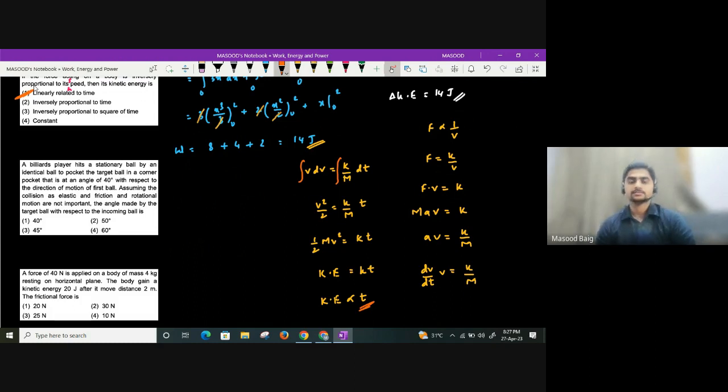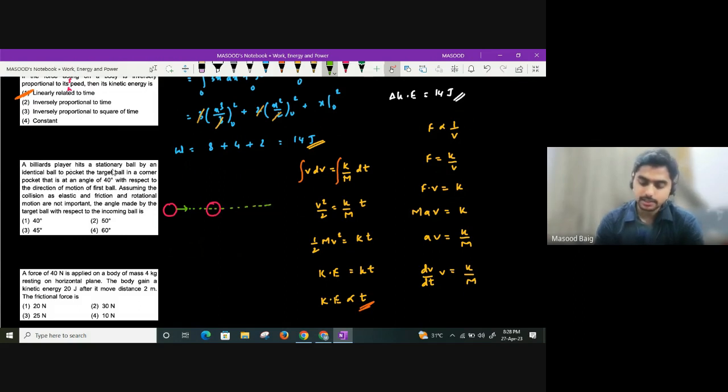Is that clear? Now, a billiards player hits a stationary ball with an identical ball to pocket the target ball in a corner pocket that is at an angle of 40 degrees with respect to the direction of motion of the first ball. So let us say we have the first ball like this. The second ball is at rest, guys. So how is the first ball moving? Imagine that the first ball is moving in this manner.